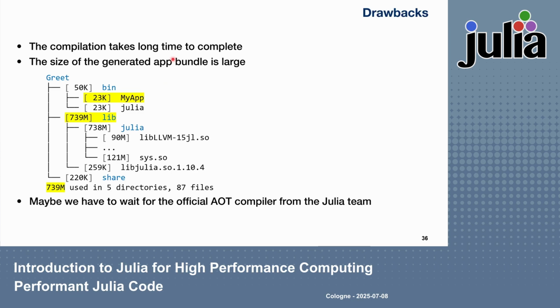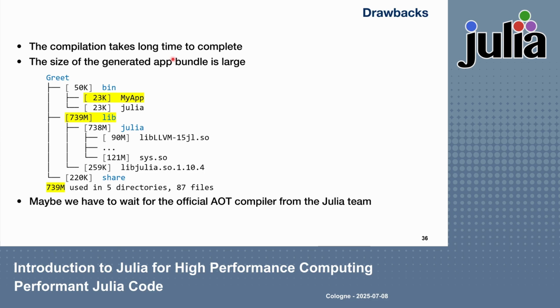As I mentioned, there are drawbacks at the current stage. The first drawback is the compilation time. It takes long because the official static compiler from Julia is still in development. And the second point is the size of the generated app is really large because of the dependencies, like lib Julia, libLLVM, system dependencies, and so on.